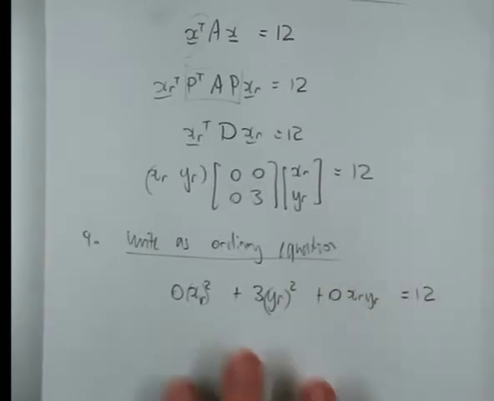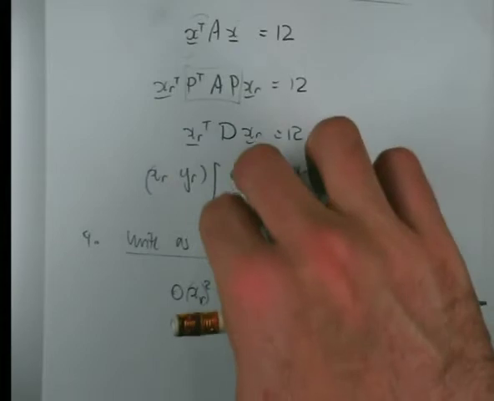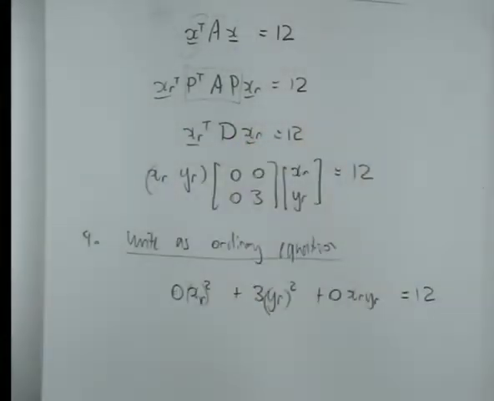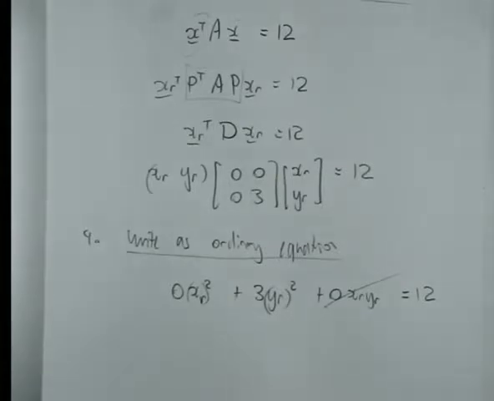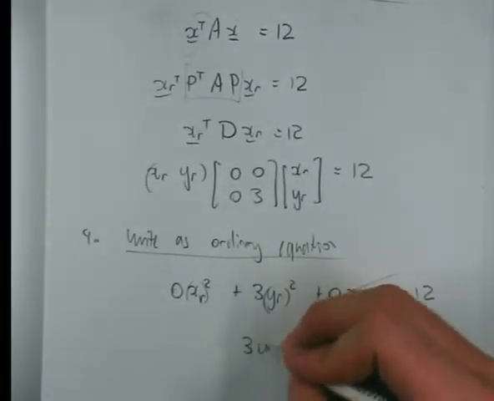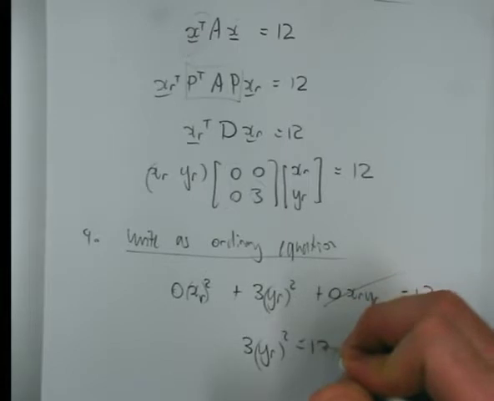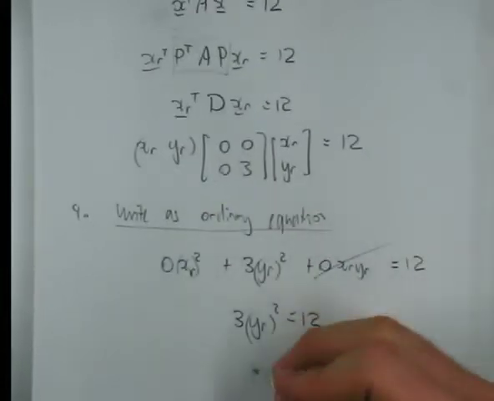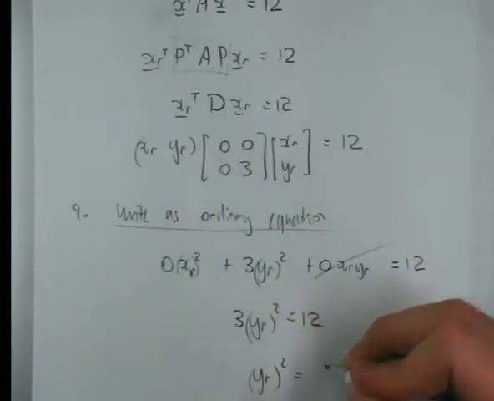Now it's not necessary to do all that stuff that I just did, but the entire point is that once you've done this diagonalization process, both of those will be guaranteed to be 0, and so you won't get a cross term. That's the entire point. So in our particular case, we get 3 y_R squared equals 12, which is telling me that y_R squared is in fact 4.